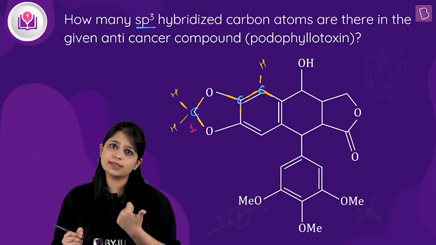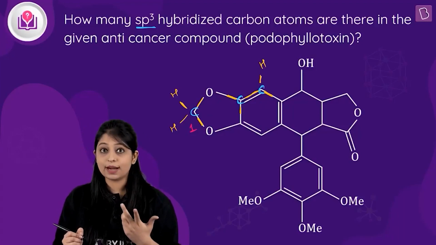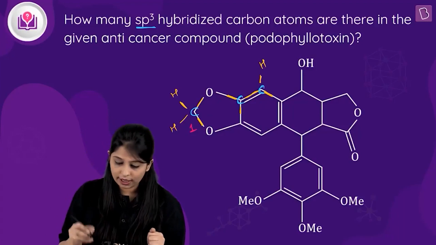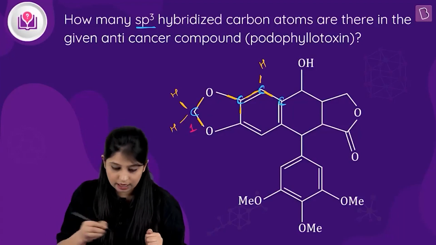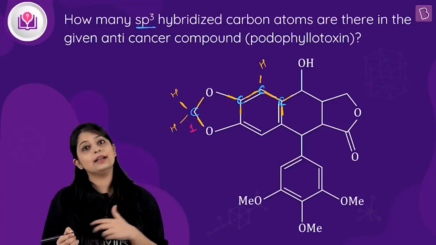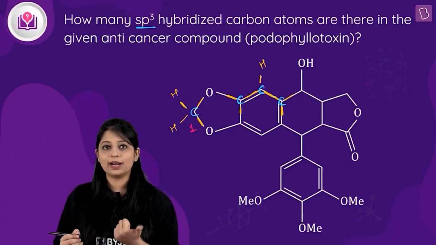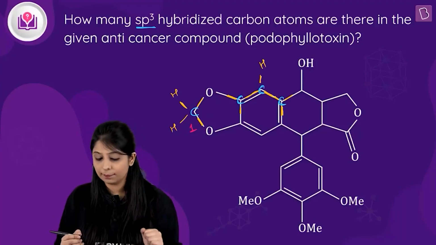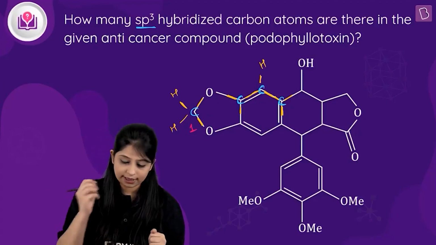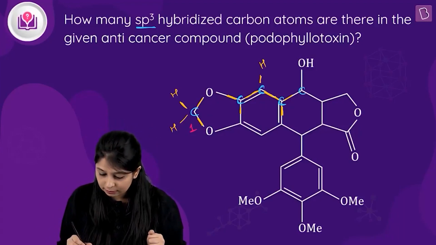So 1 double bond will have 1 sigma bond and 1 pi bond. So its hybridization is sp2. So not our carbon. Okay, next we will move on to this carbon atom. This also has 1, 2, 3 sigma bonds and 1 pi bond, because 1 double bond has 1 pi bond and 1 sigma bond. So this carbon is also sp2 hybridized.